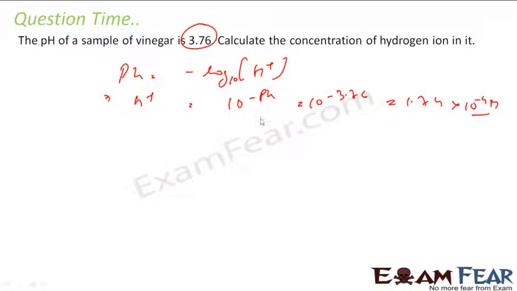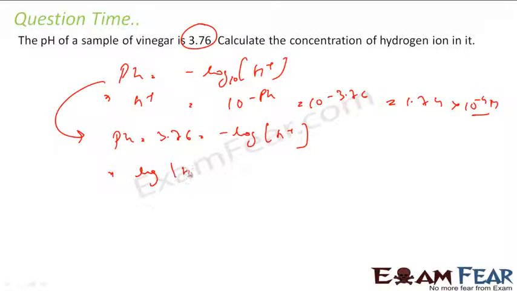Or let's try the anti-log process. So pH is equal to this value. Let's try the anti-log way. pH is equal to 3.76 is equal to minus log of H plus. So log of H plus is minus 3.76, or H plus is nothing but the anti-log of this, right?